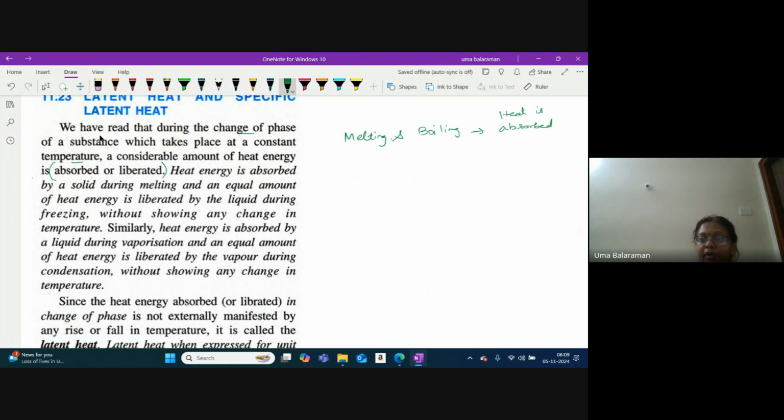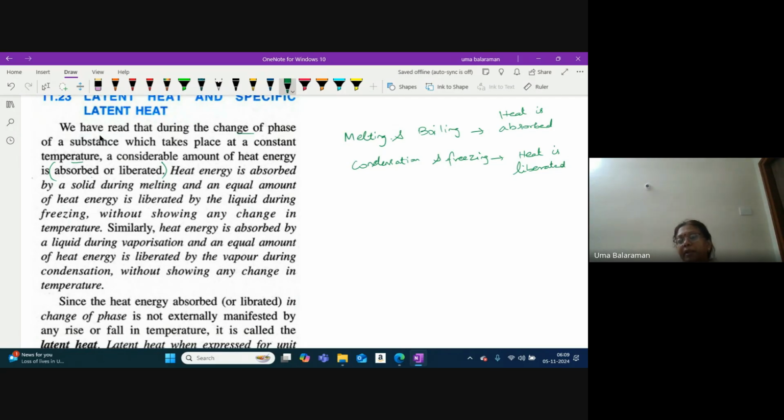We are continuing to heat. But on condensation and freezing, heat energy is liberated. It is liberated or given out.